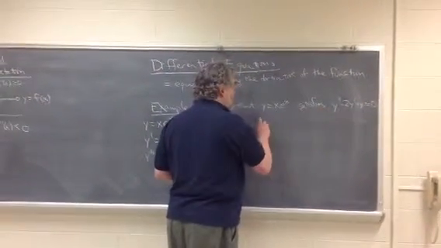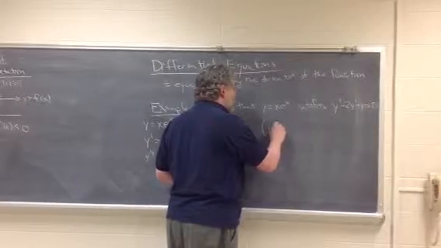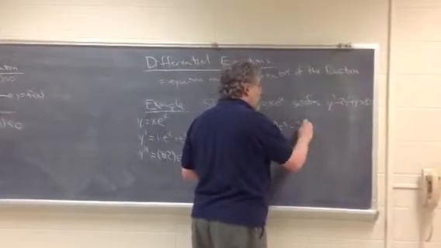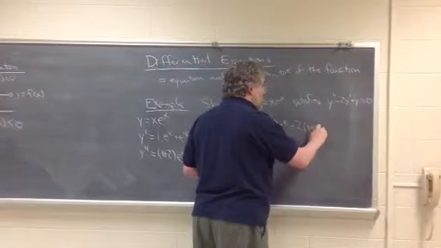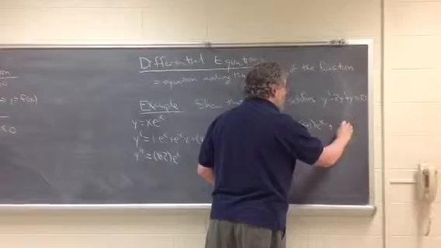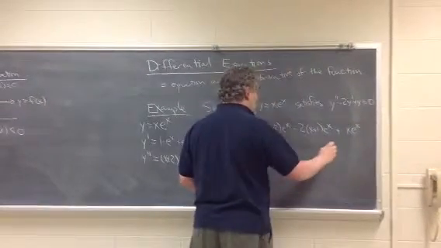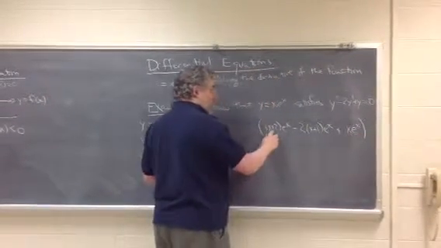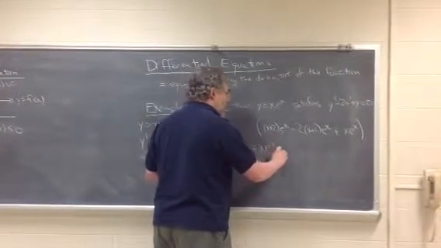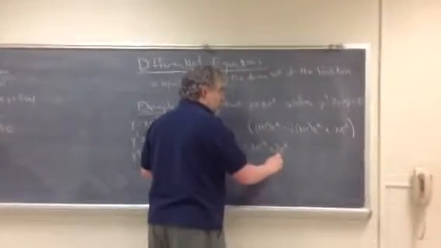Y double prime minus 2 y primes plus y. What's that equal to? Well, I get x e to the x. I have 2 e to the x.